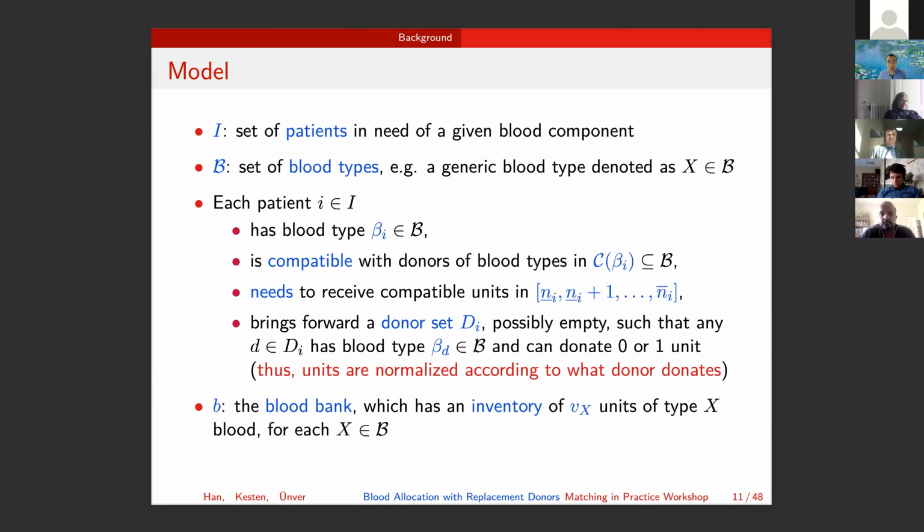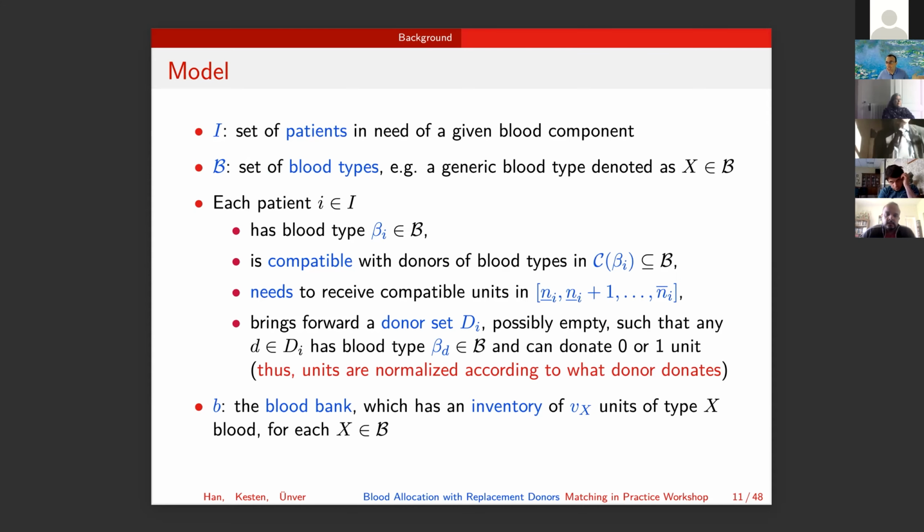So let me give you the model without further ado. There's a set of patients and a set of blood types. A generic blood type is denoted by a capital letter X. Each patient i has a blood type beta_i, and there is a compatibility relationship: calligraphic C of beta_i is the subset of blood types the patient can receive blood from.